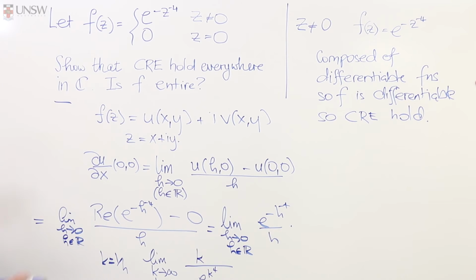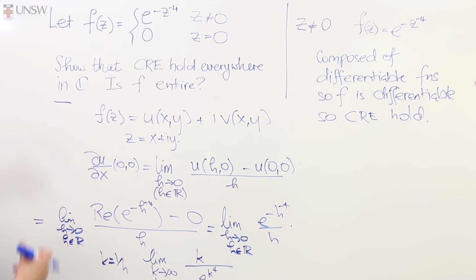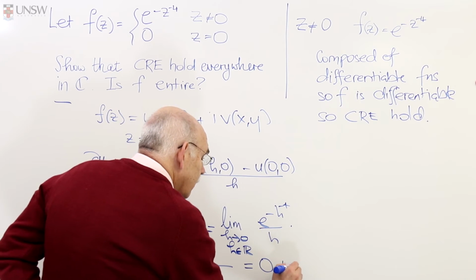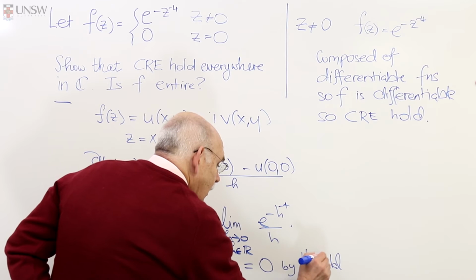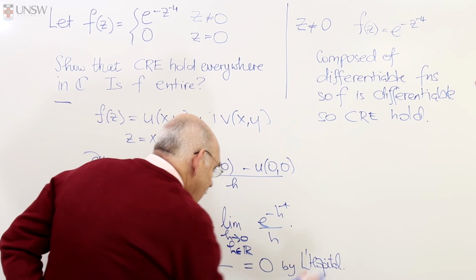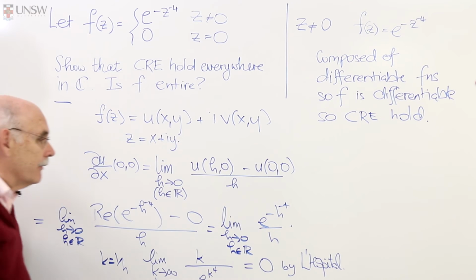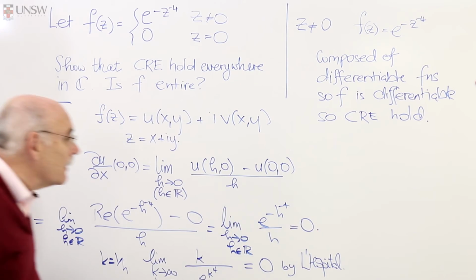Now, if we apply L'Hopital's rule and differentiate, on the top line we get 1, on the bottom line we get 4k cubed times e to the k to the 4th, and we can see easily that this is equal to 0 by L'Hopital. Okay, so that says that du dx is equal to 0.